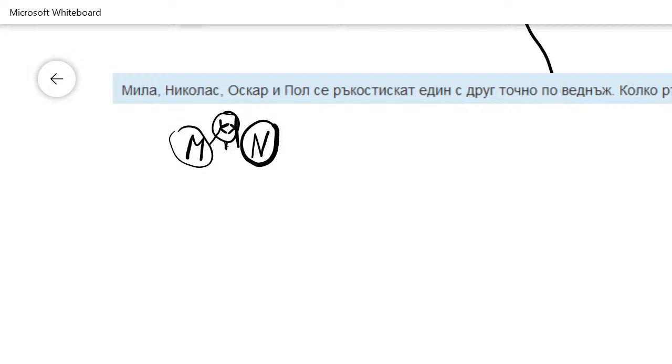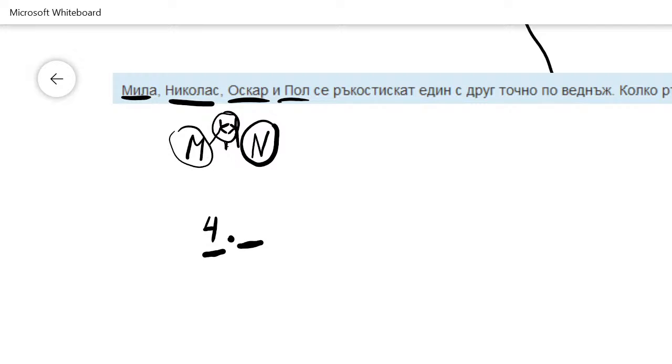So we have something like 2 positions of people who can high five, and in the first position can be 4 people, because Mila, Nicholas, Oscar, and Paul are 4 people.